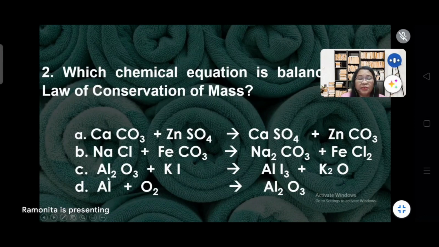C. Aluminum oxide and potassium iodide produce aluminum iodide and potassium oxide. D. Aluminum combined with oxygen gas produce aluminum oxide.